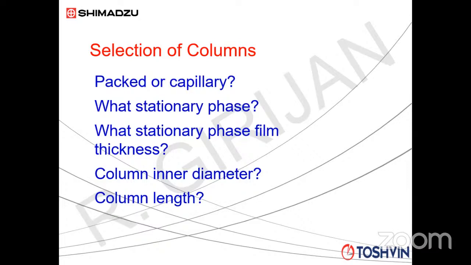So you need to decide what inner diameter of the column tubing you require. And the last one is the column length. Today, capillary columns are available from 10 meter up to more than 100 meter. And you decide what the length is, whether you have to use a 10-meter column, 25 meter, 30 meter, 50 meter, 60 meter, like that. You have to have all these considerations in your mind while selecting a column.